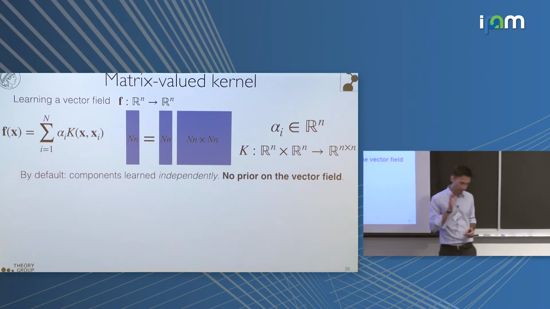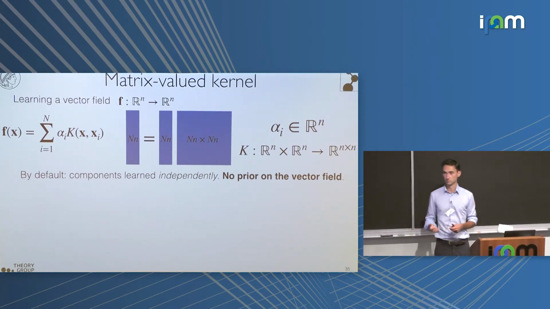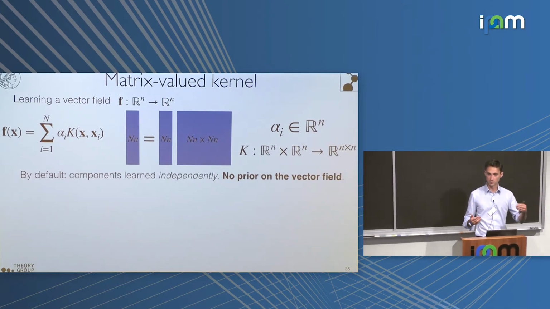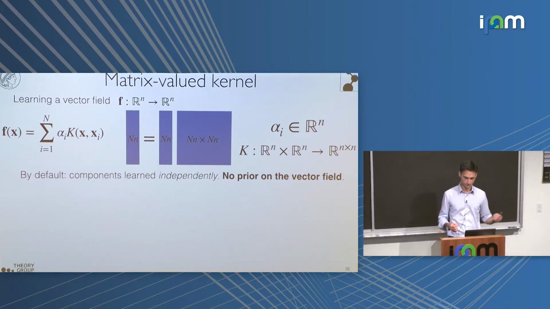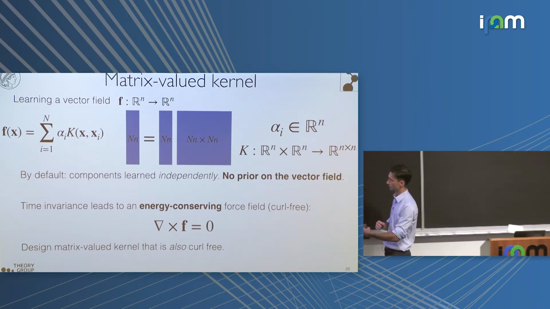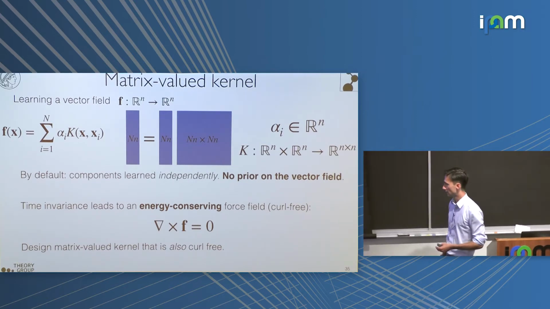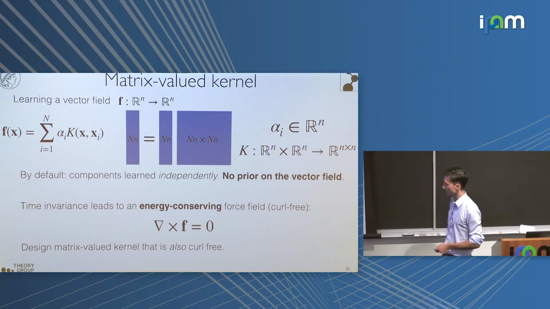So that's the default way of doing this, which means you're not putting any prior in the vector field. So you're learning all the components independently. And that's a bit of an issue, or a missed opportunity, because you know that your force field is energy conserving. And if your force field is energy conserving, that means that it must be curl free.